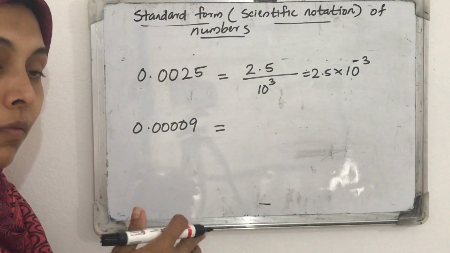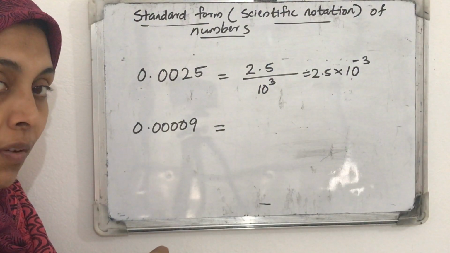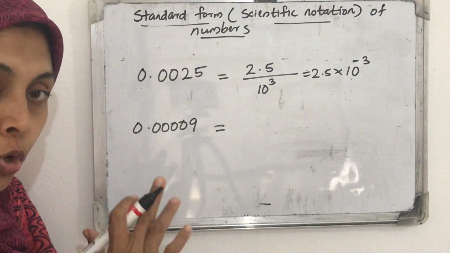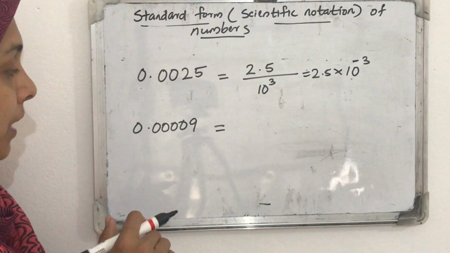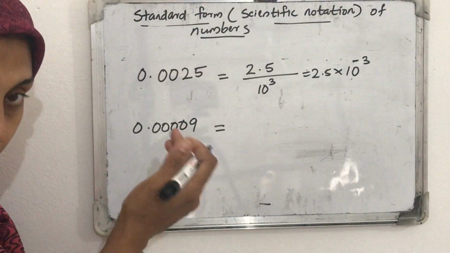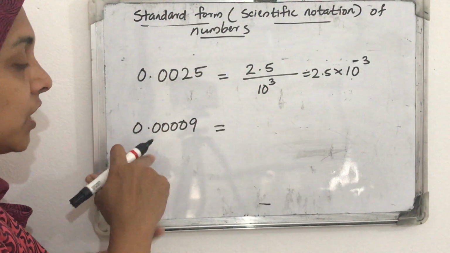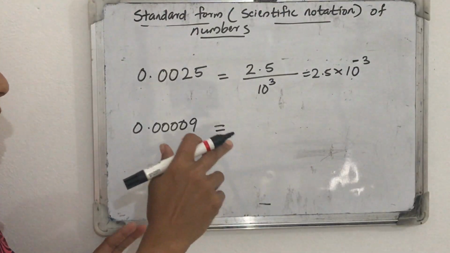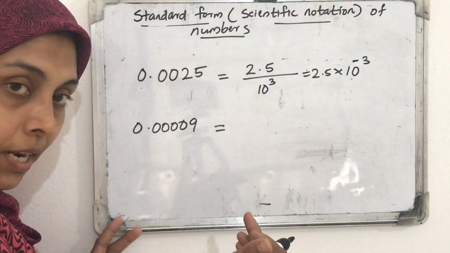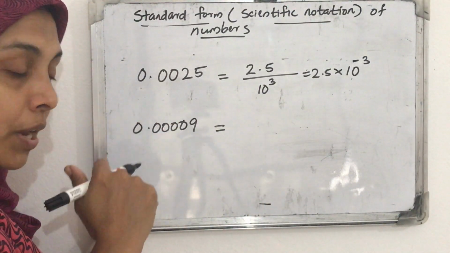For a bigger number, if we are writing in standard form, the power should be positive, because we are moving the decimal backward. Here we are moving the decimal to the right side. That time it will be division and it should be converted into minus form.